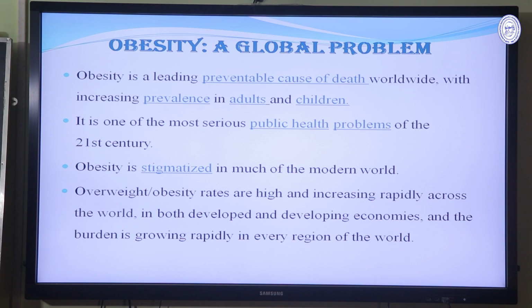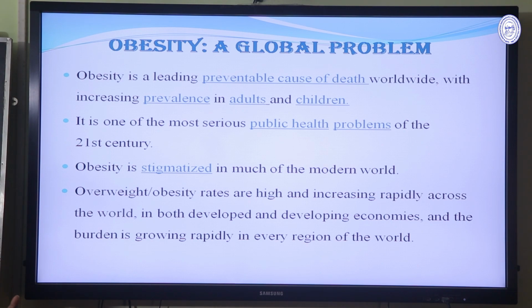Obesity is a global problem nowadays. It is a leading preventable cause of death worldwide and its increasing prevalence occurs in both adults and children. Why is it known as a preventable cause of death?